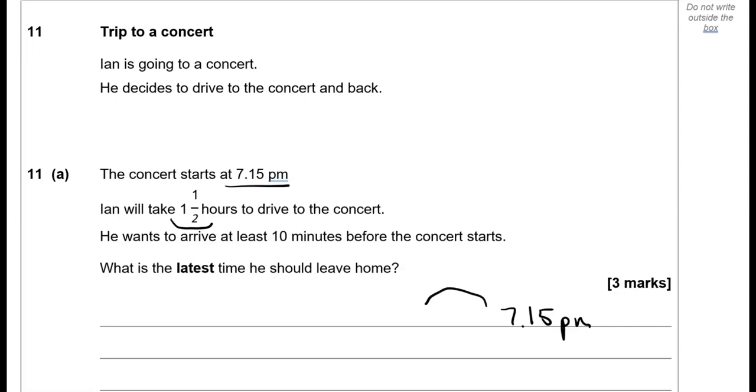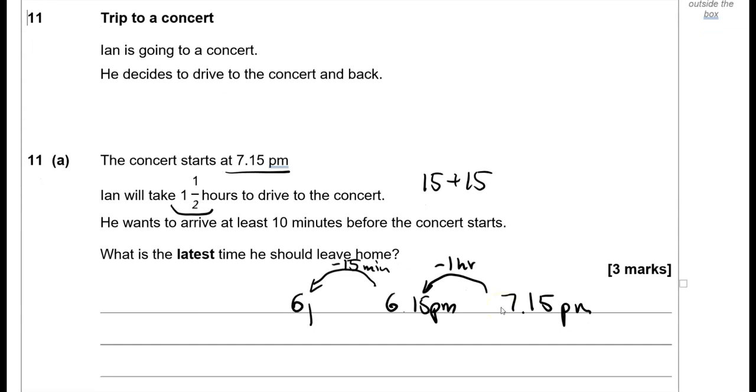So if I take away 1 hour, that is going to give me 6:15 p.m. Now I need to take away the half hour, and I'm going to split that into 15 minutes and 15 minutes because it's easier this way. So if I take away 15 minutes, that means going to 6 p.m.